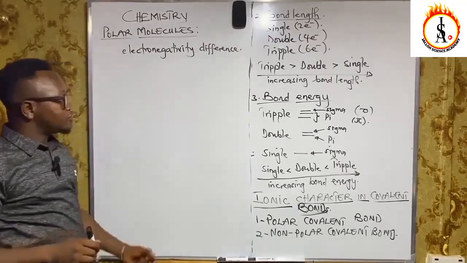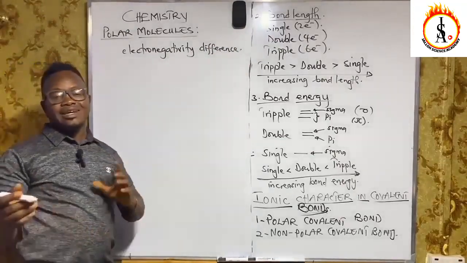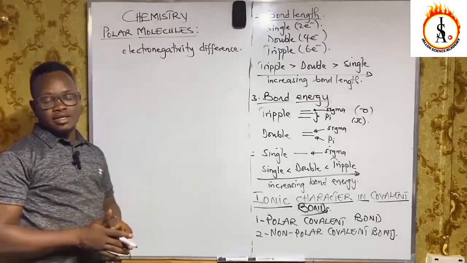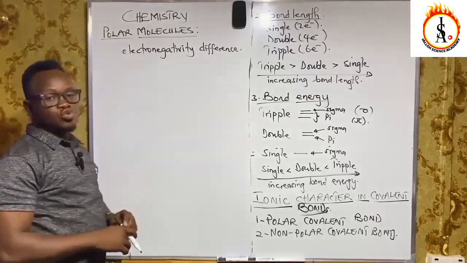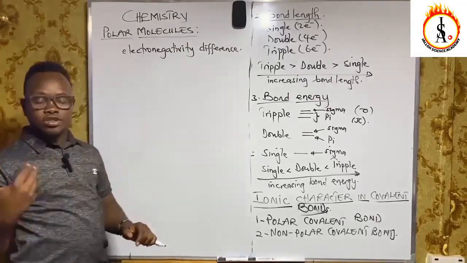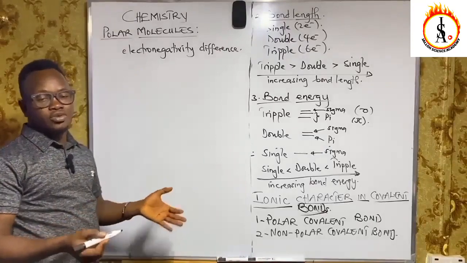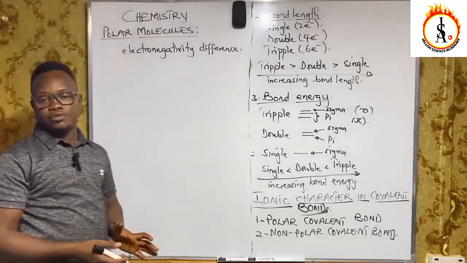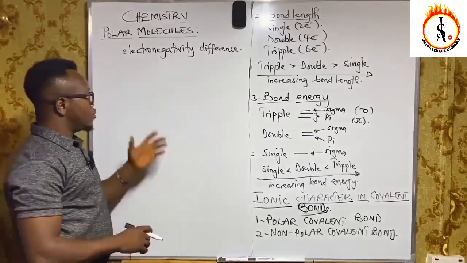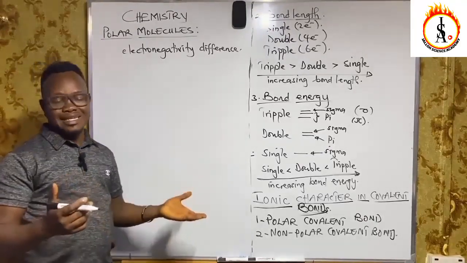This electronegativity difference will lead to a displacement of the electrons towards the most electronegative species in that bond, when the electronegativity difference is large.